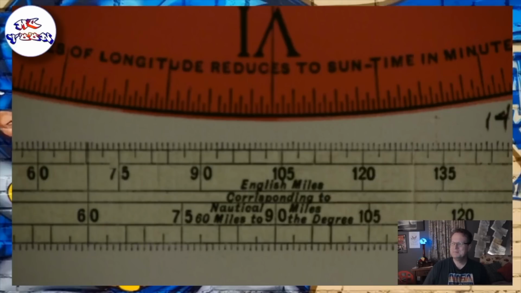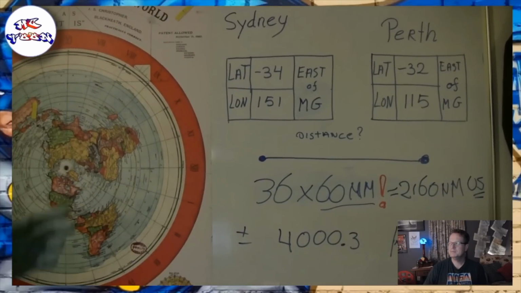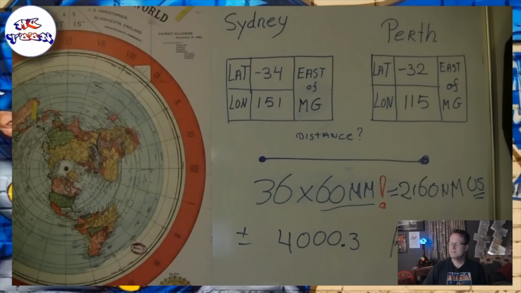This is good. So the total distance between Sydney and Perth is 2,160 nautical miles, and we need a modern conversion to convert it to kilometers, and that's approximately 4,000 kilometers. So I hope I answered the question.